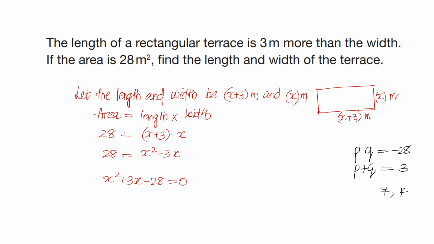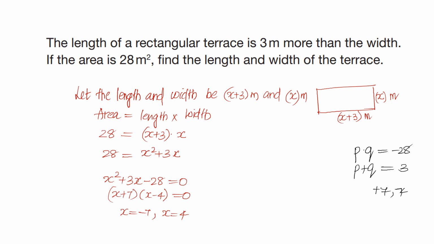Should we give positive to the highest number or the lower number? Since the sum is positive, the higher number should have a positive sign and the lower number should have a negative sign. So the factorization will be x plus 7 times x minus 4, that should give you 0. So x can be negative 7 or x can be 4.